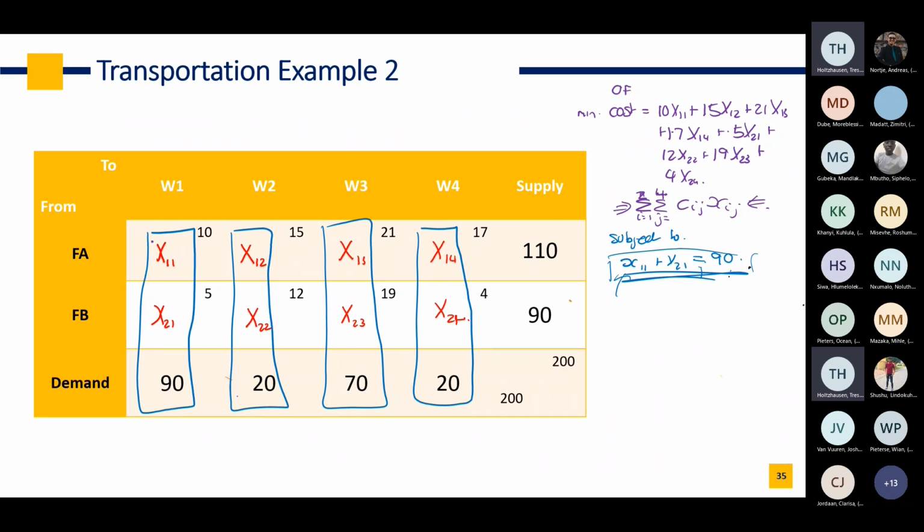It has to be a case where it is equal, because it has to sit on the boundary. So all these are the different constraints for the demand, and we're going to have the constraints for the supply, which is this situation here where x11 plus x12 plus x13 plus x14 is less than or equal to 110. So we have our constraints relating to that as well.